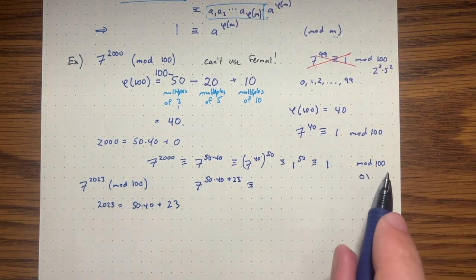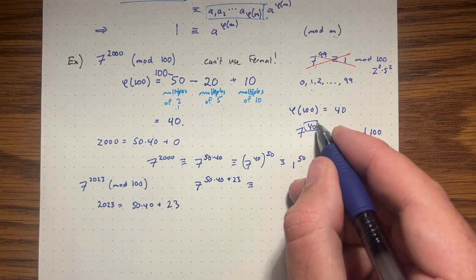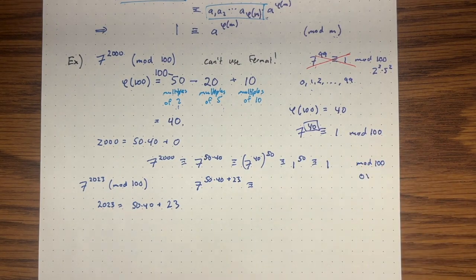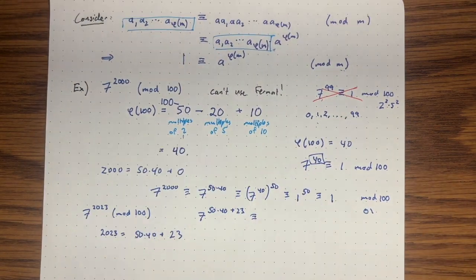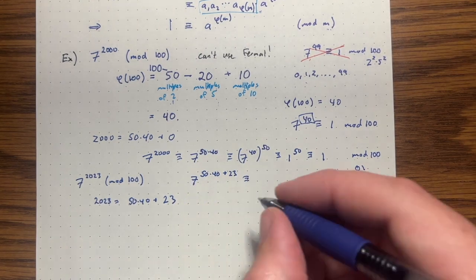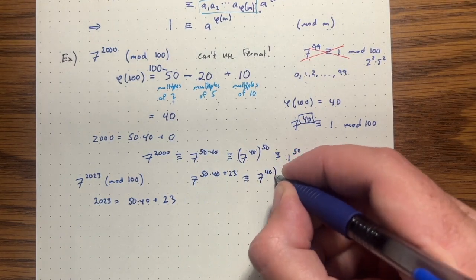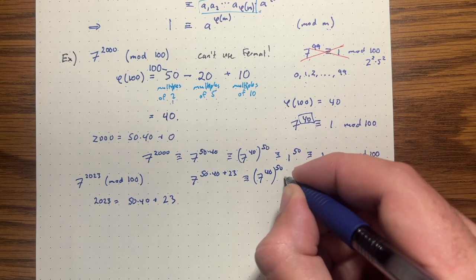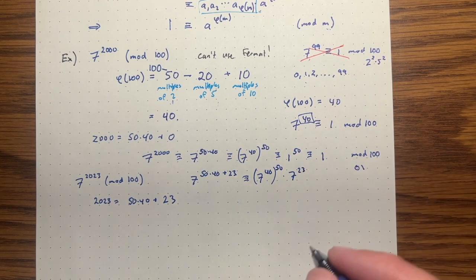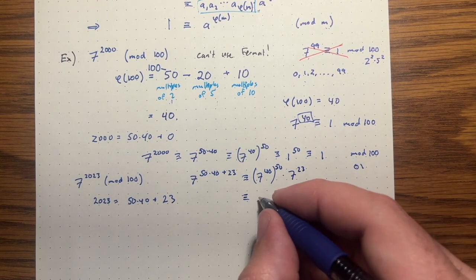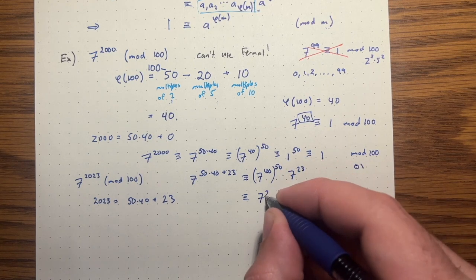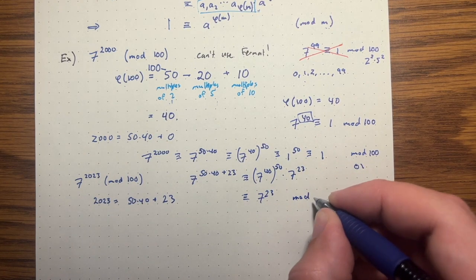We still want to divide by 40, because that's when our pattern repeats. That's how we turn a big exponent into a smaller one. That's going to be 7 to the 40 to the 50 times 7 to the 23. And this is going to be 1, so we're just going to get 7 to the 23 mod 100, whatever that is.